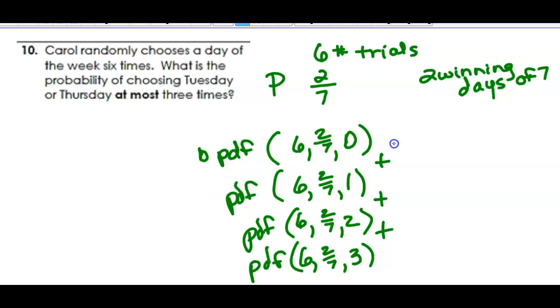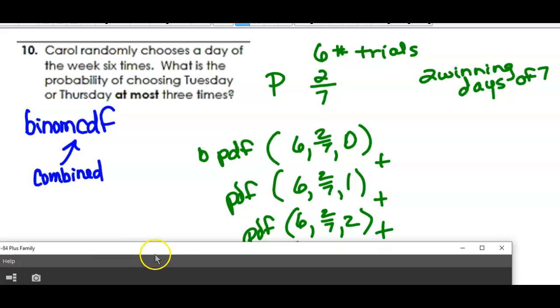But there's a shortcut. You can do the combined probability of 0 to 3 times. And that's binomial CDF for combined probability. And when you do that on your calculator, it looks like this.